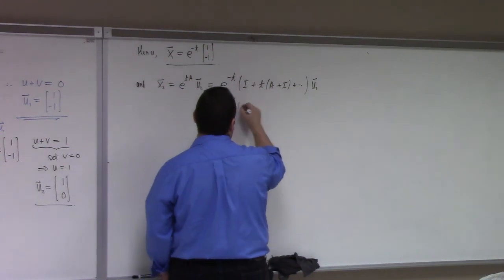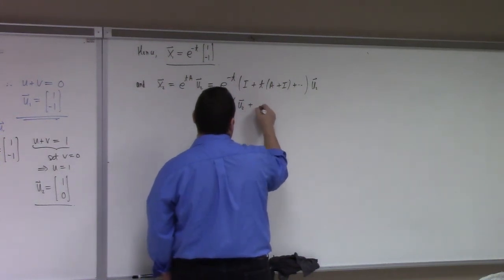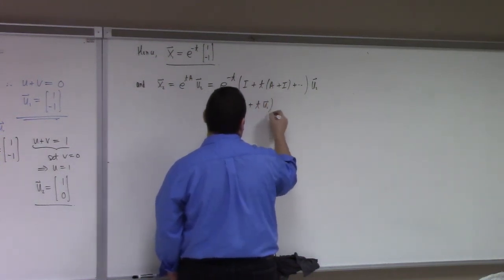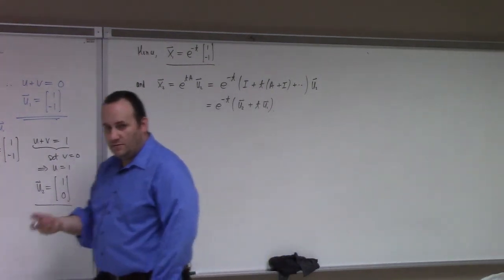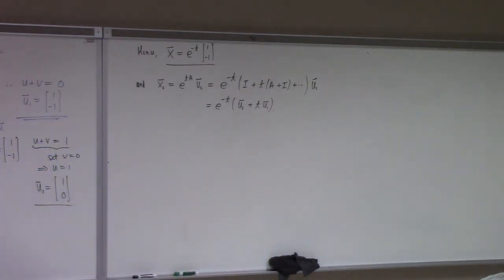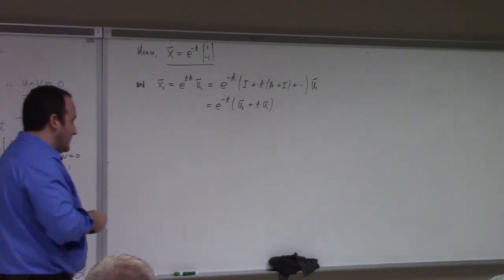By construction, that's u2 plus t times u1. And the higher order terms vanish because this is a generalized eigenvector of order 2, which means that (A + I) squared acting on u2 is 0, as is the cube and the fourth and everything else. So that's the non-trivial contribution of the matrix exponential when you multiply u2 on the right.